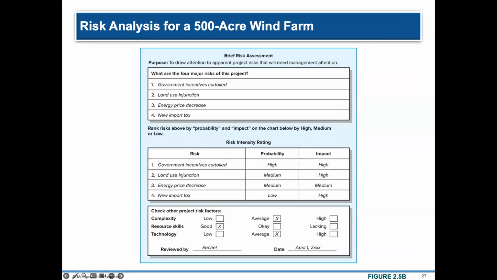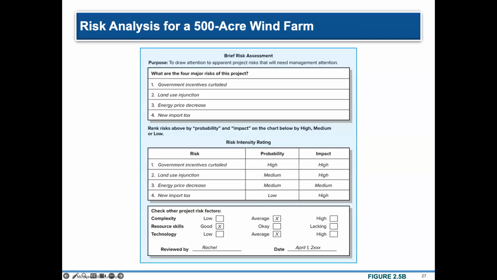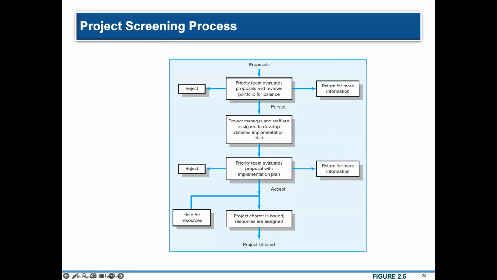So your project proposal form should be able to answer not just the details of this project, but should be able to give the management an idea of the project risk and other factors that they would need to understand.